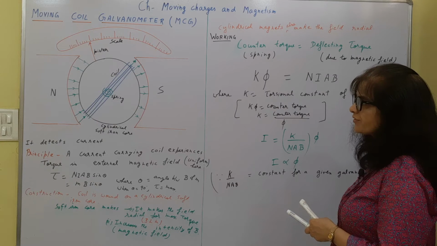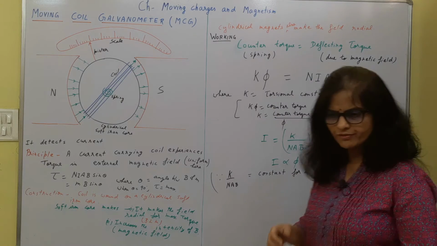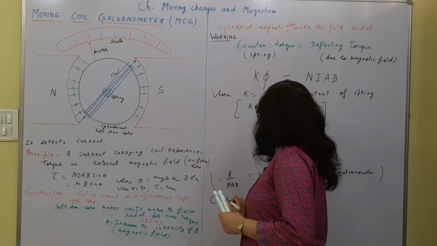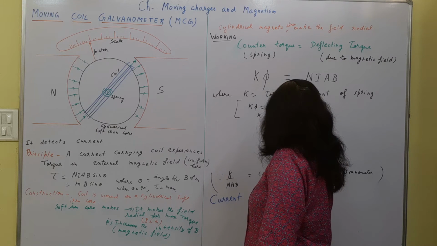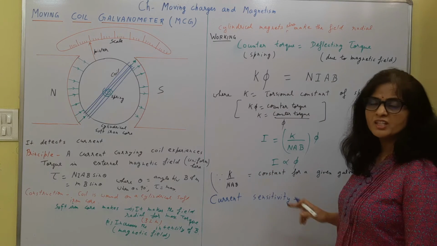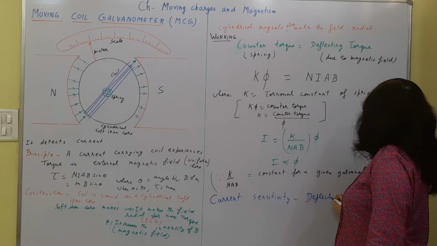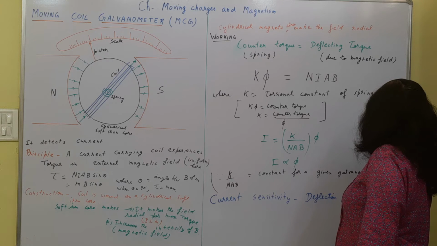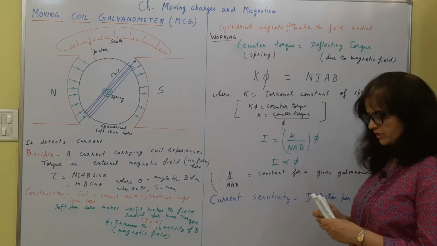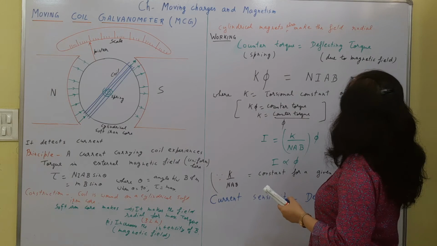One is the voltage sensitivity and the other is current sensitivity. So we can start from here itself. This is deflection per unit current for a galvanometer.